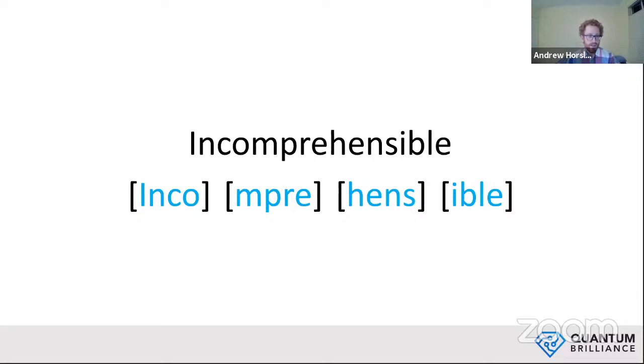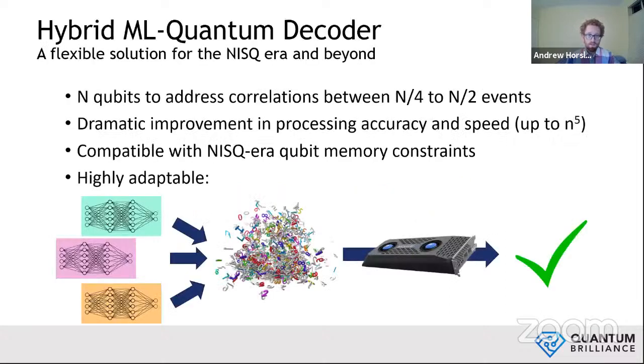Now, fortunately, this kind of combinatorial explosion caused by those correlated possibilities is exactly one of the things that quantum computers are good at. And so what we're exploring is a hybrid machine learning quantum decoder, where a quantum computer is used to process the output from the neural network. This lets us process larger chunks of that highly correlated data.